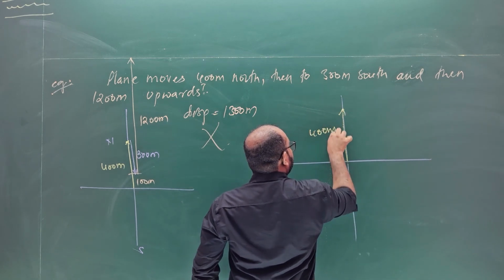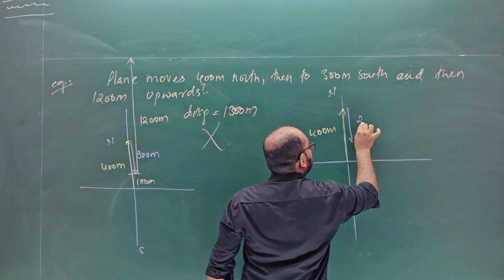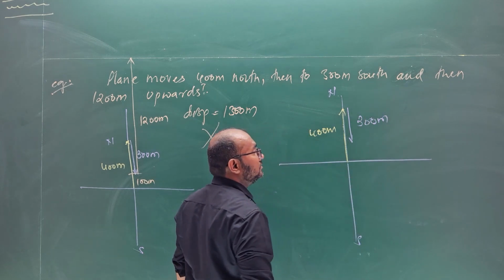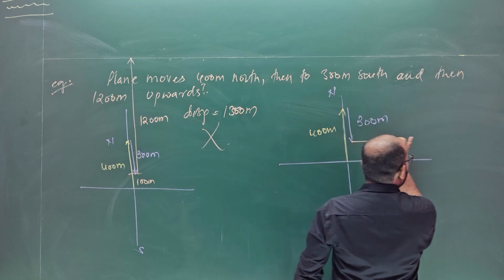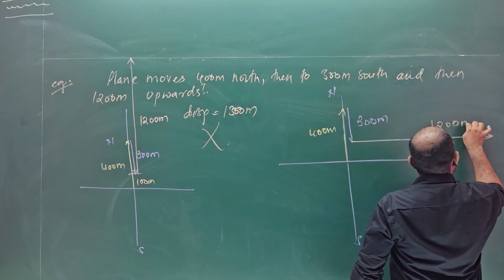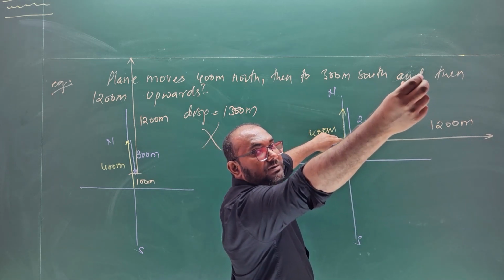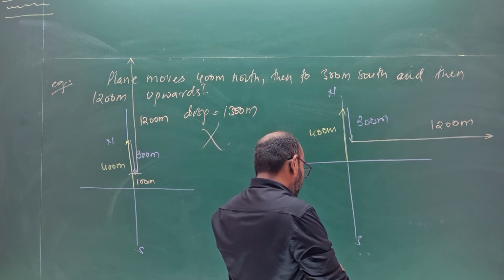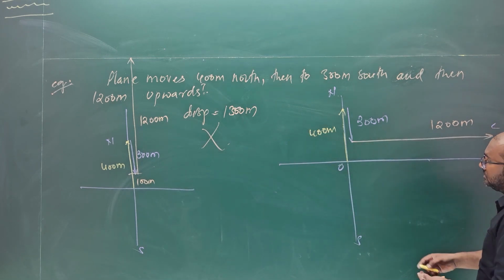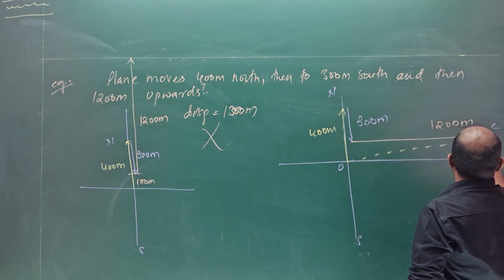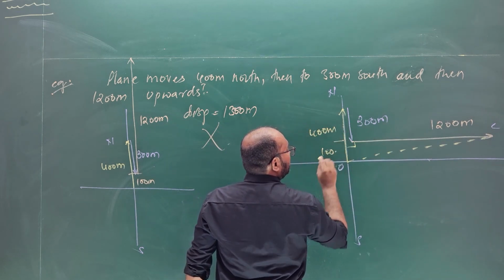400 meters upward, that means towards north, then 300 meters towards south, then upward. Either you take it from here till here 1200 meters, or 1200 meters outside the board. Now O is your origin. Let this point be C. Then OC is your actual displacement. This becomes 90 degrees. From here to here is 100.